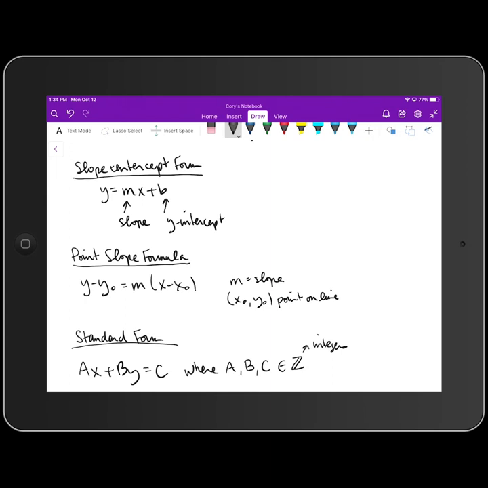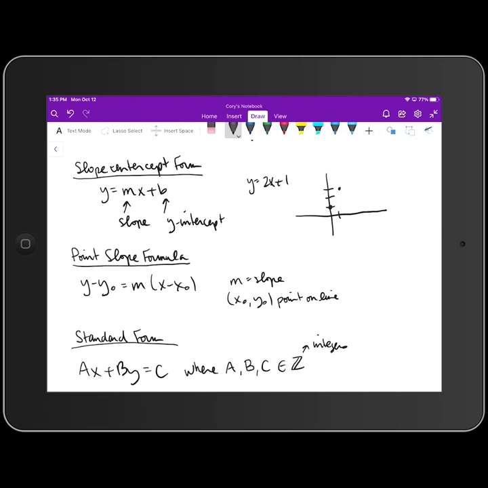So really quickly, if you want to sketch a graph, say we have the line y is equal to 2x plus 1. If you want to graph that line in slope-intercept form, the first thing you mark is the y-intercept at 1, and then the graph is going to have a slope of 2, meaning that we can rise 2 and run positive 1.